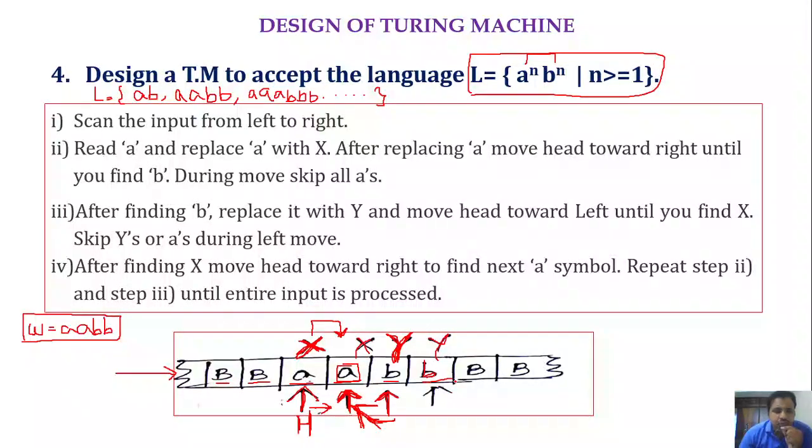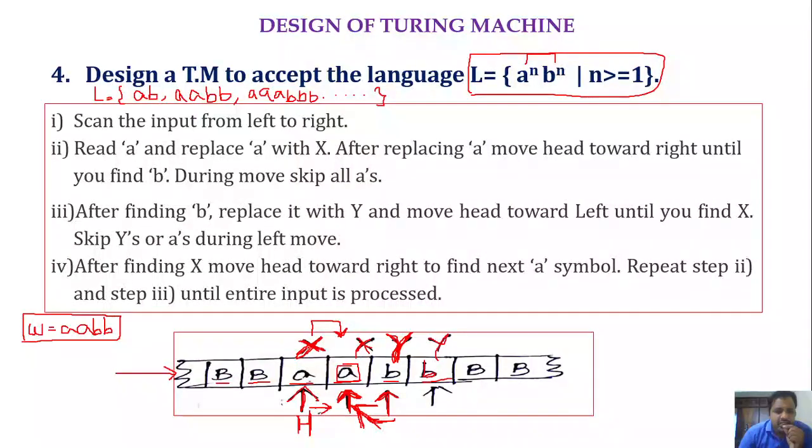While moving towards the left, you may encounter any number of a's or any number of y's. We have to skip all those until we find the x character. Once we get this x symbol, we have to move the head towards the right. This is how we have to implement the logic.